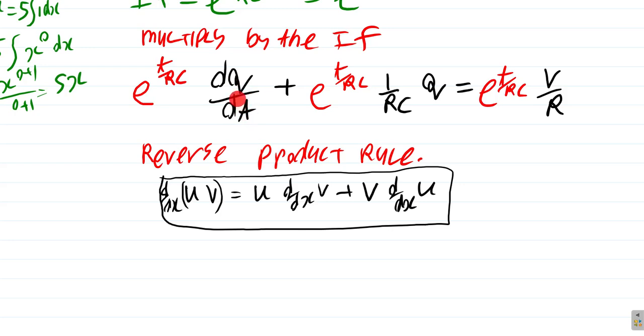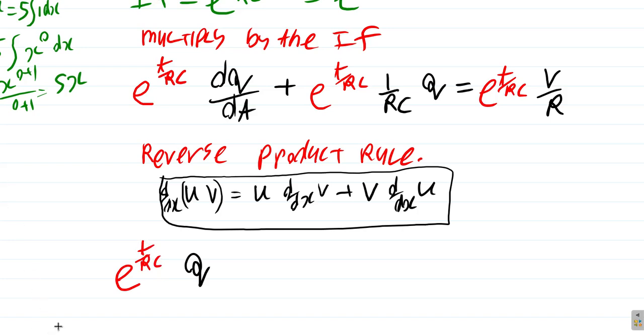So one of the items that you would have multiplied would have been Q. Right? You differentiate Q. Now, it means that you would have held e to the t over RC. So you have e to the t over RC here.